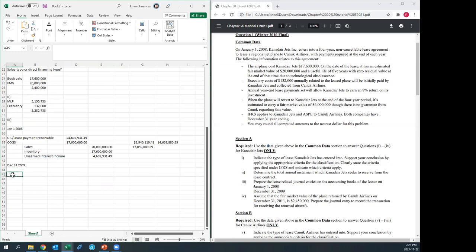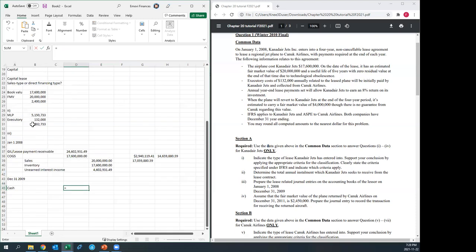So they're going to receive some cash, which is the minimum lease payment, always the same, plus your executory costs. Don't forget about it. And then they're also going to reduce their lease payment receivable, which is your MLP.